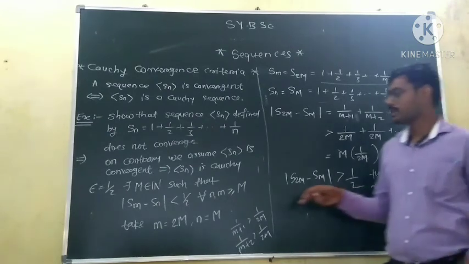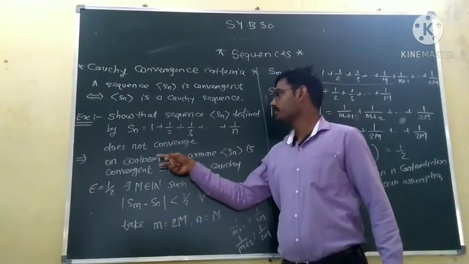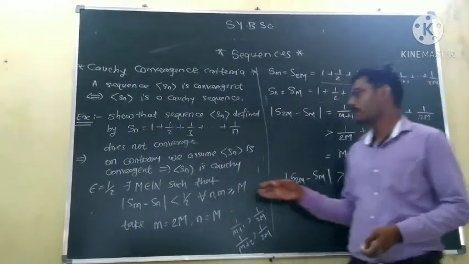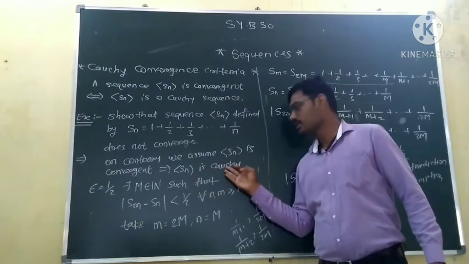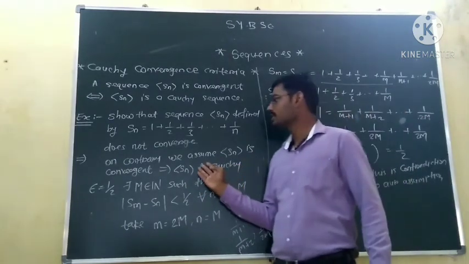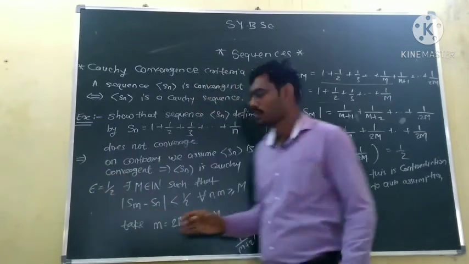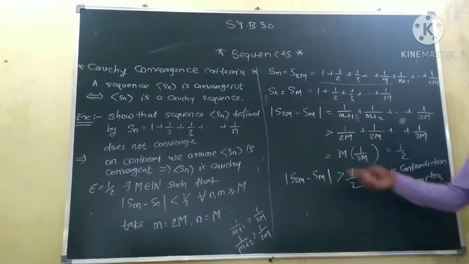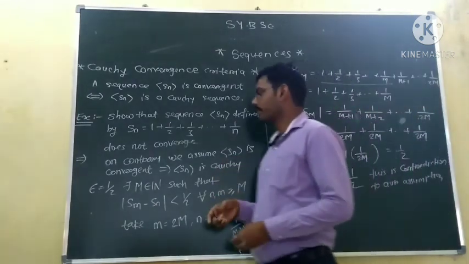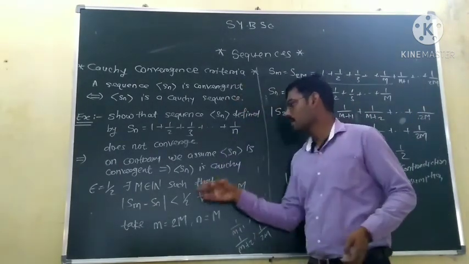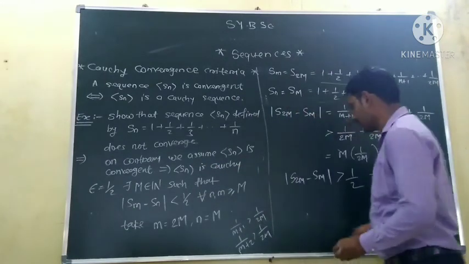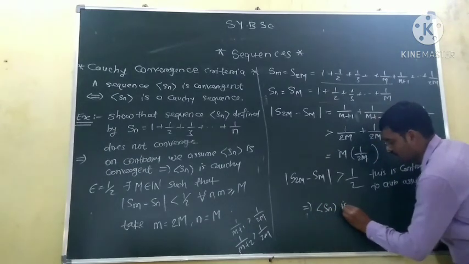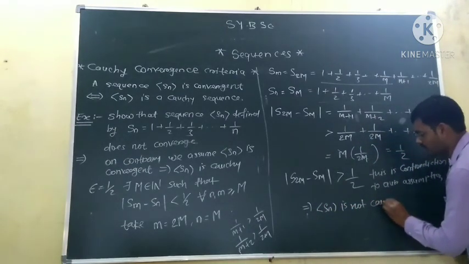So our assumption that the sequence is convergent was wrong. Or what did we assume? Our assumption was that the sequence is Cauchy, and this is wrong. This implies the sequence Sn is not a Cauchy sequence.